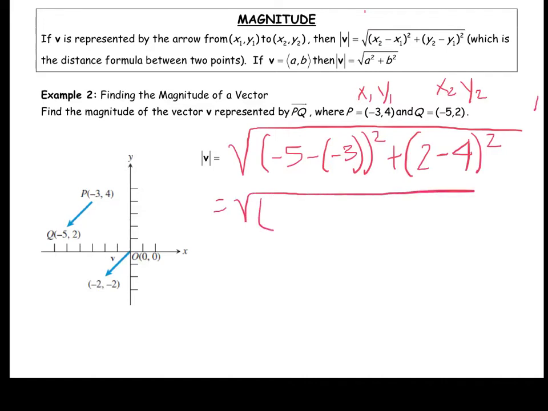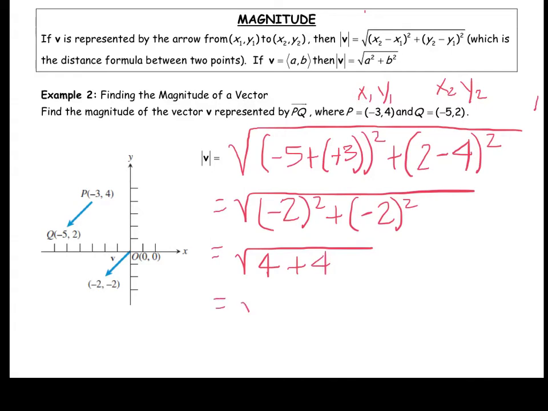Negative 5 minus negative 3 is the same thing as negative 2. I'll square that, plus negative 2, and I'll square that. Again, you're squaring both things inside here, so negative 2 squared means negative 2 times negative 2, which is 4. Negative 2 times negative 2 is 4. So the magnitude of this is 8.